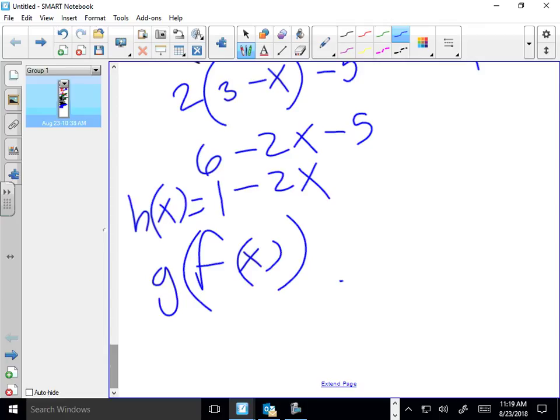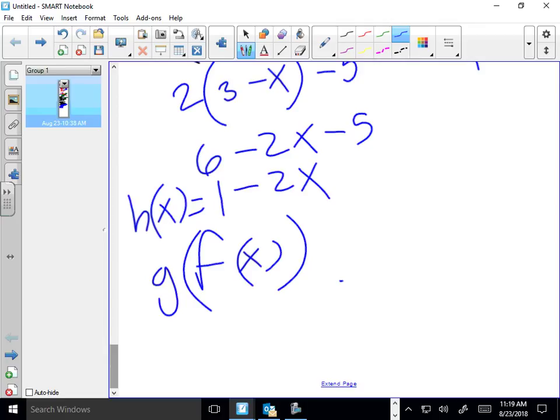What do I do to find g of f of 2, Kendall? So you say, hey, find this f of 2 first. So f of 2 equals 2 times 2 minus 5, or f of 2 equals negative 1. And then what do you do with that negative 1?